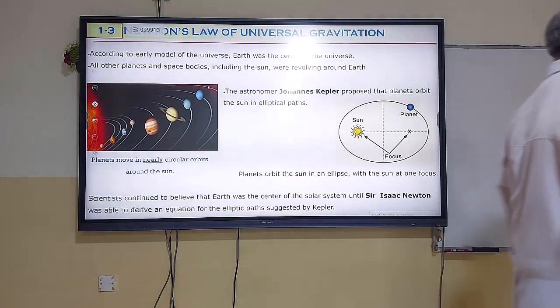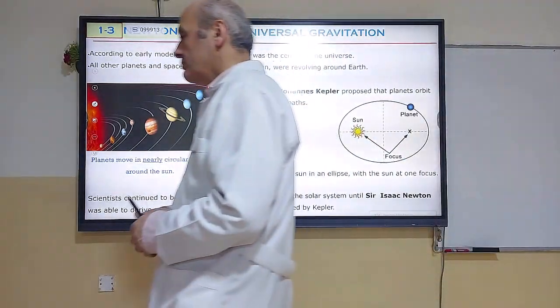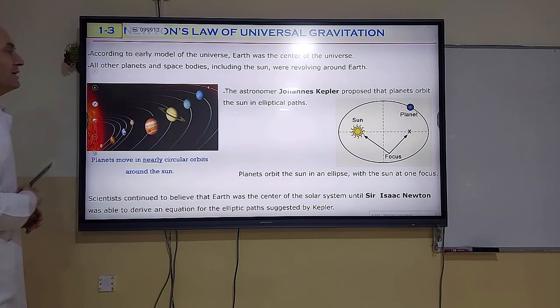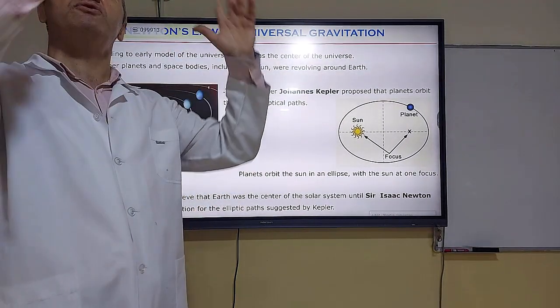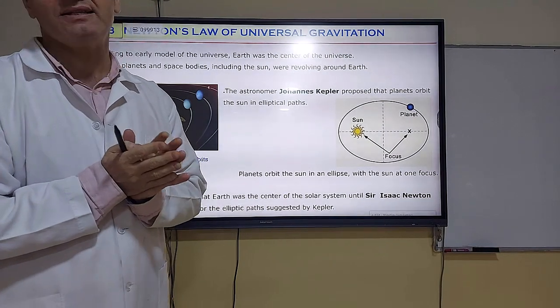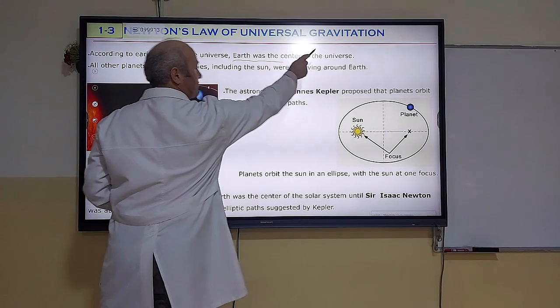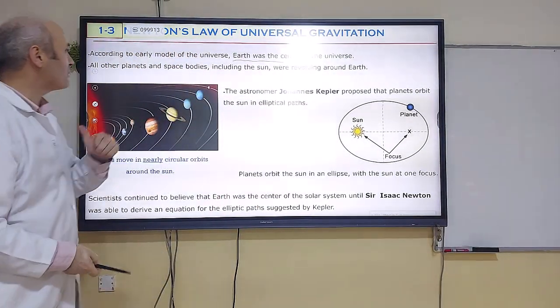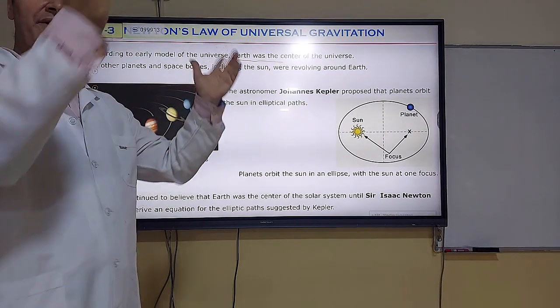Alright, and the last item in this section is about the universal law of gravitation. In the past, people or scientists thought that the center of the universe was not the Sun but the Earth. Earth was the center of the universe, and all other planets and stars were revolving around Earth.